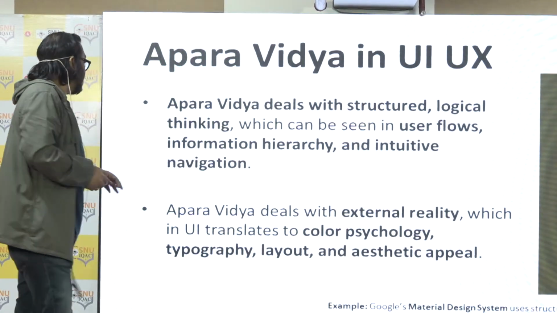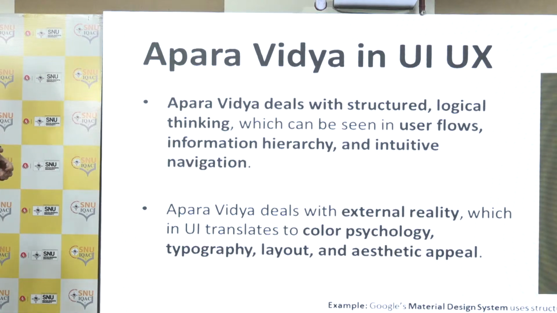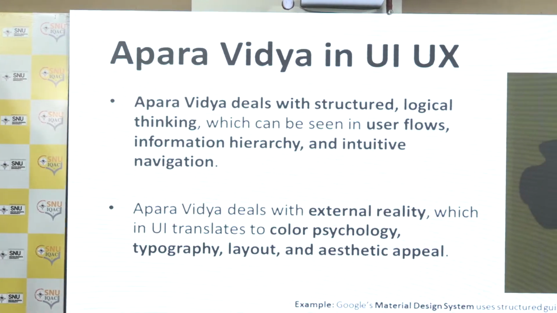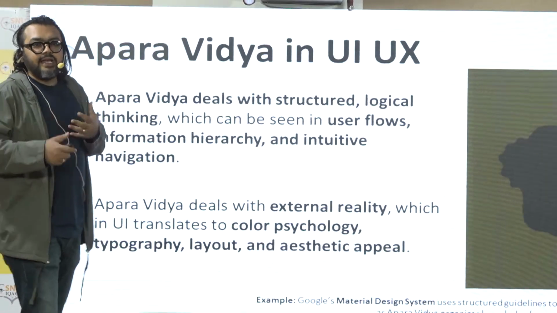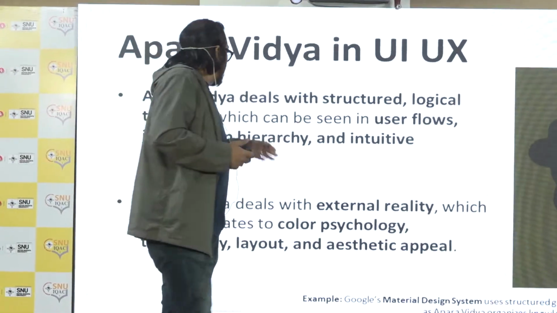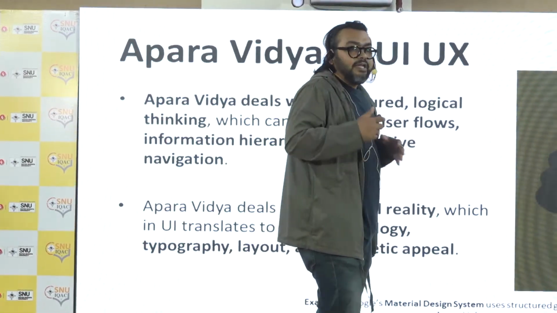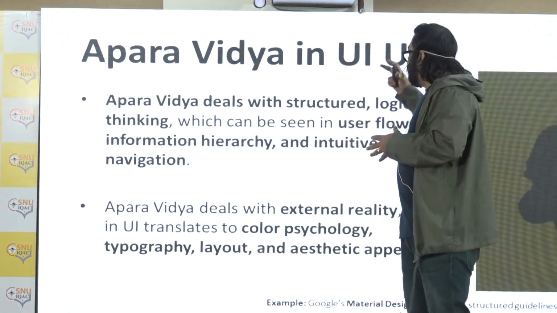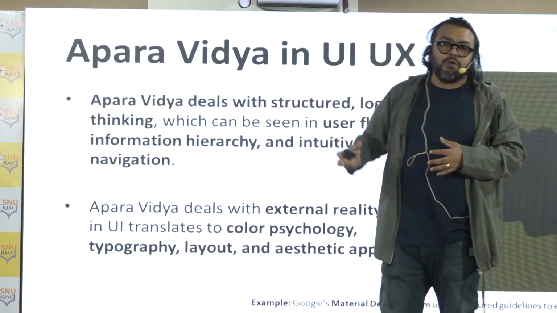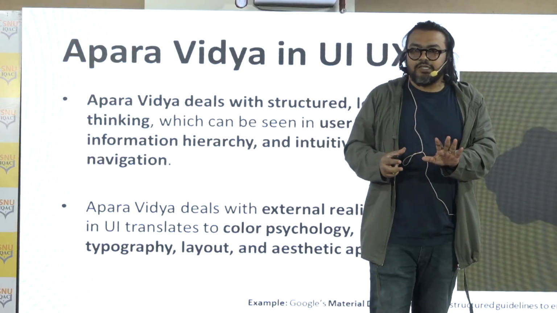Now, when it comes to the external reality of a design, we have so many things like color psychology. Every brand has their own kind of a color. We have the typography, the layout, the aesthetic appeal to it. Those are all related with the Aparavidya or the tactile knowledge.